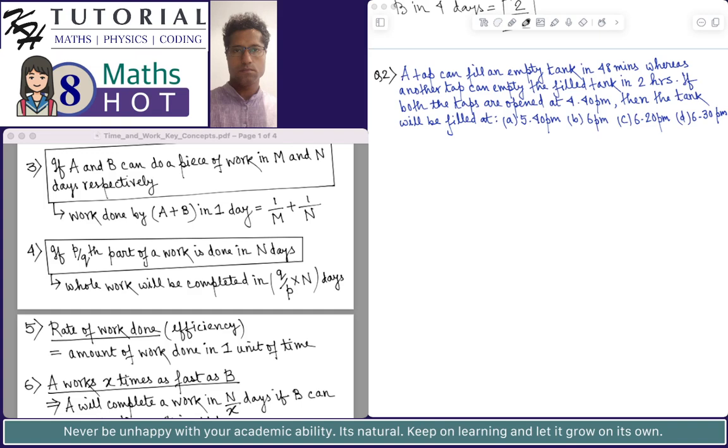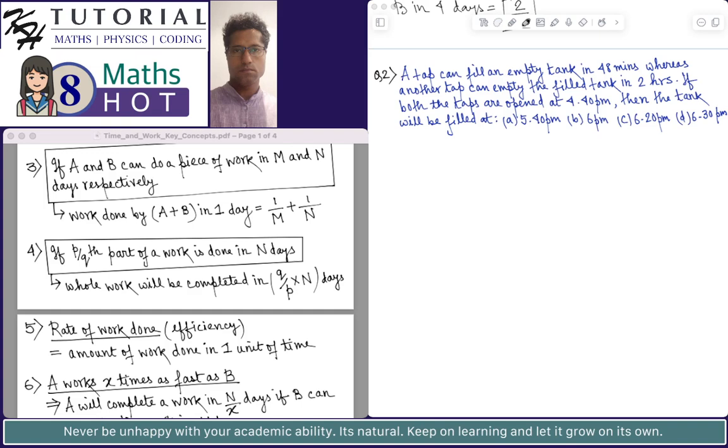Okay, so let's see. If both the taps are opened at 4:40 p.m., then the tank will be filled at... First we have to find in how much time both the taps A and B working together will completely fill the tank.